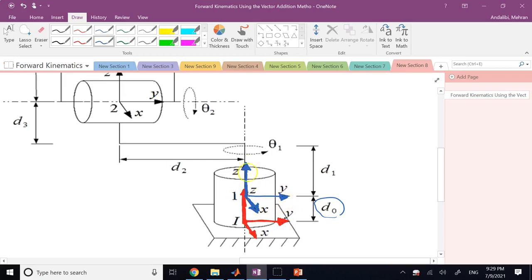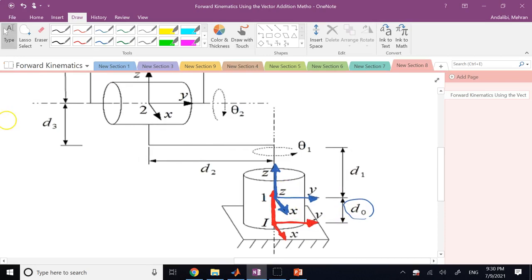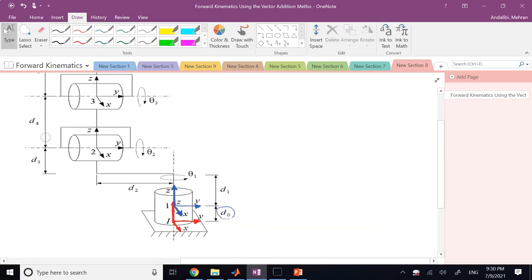It's not rotating, it's not doing anything, it has just some offset d0 from frame I. So it's not really a necessary thing to add as an extra frame, but here it is just to give you the idea that you can put your frames wherever you want, in whatever direction, and they can be free rotating, not rotating, and so on.